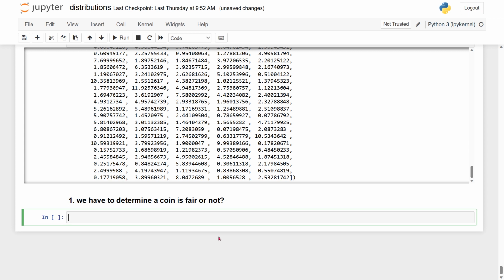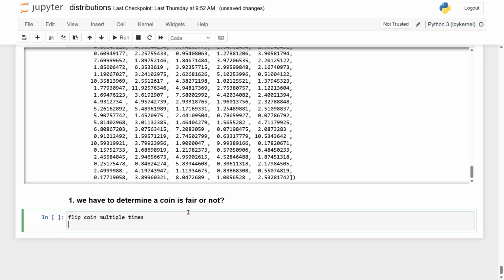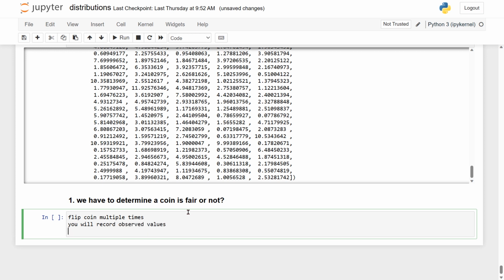So when you test this, we have to determine whether a coin is fair or not. For that, you will flip a coin multiple times. Then you will record the observed values, and obviously you have thought something, so you will have some hypothesis.